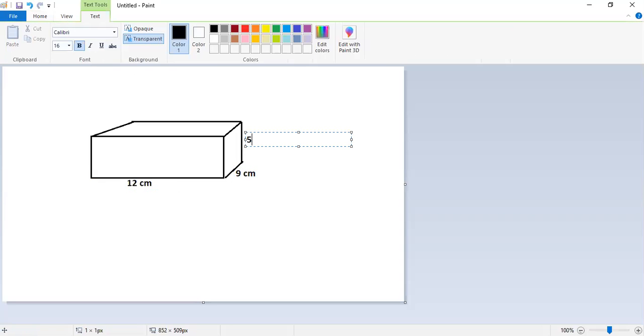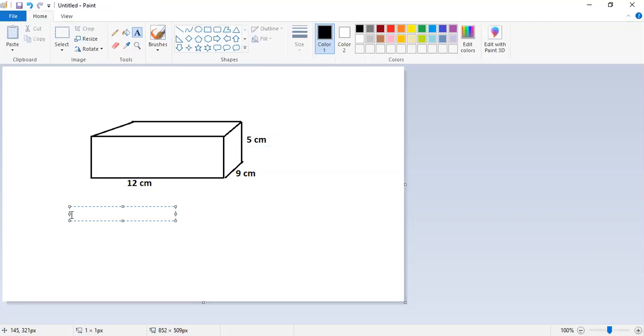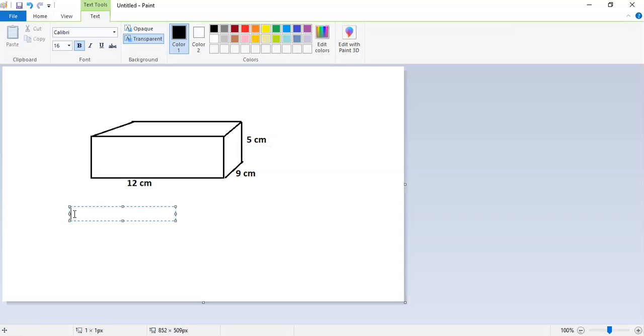So this is going to be 5 centimeters. When you're drawing, make this a little bit longer, because this should be shorter than this. Okay, fine. So you are going to describe this. Now first describe the rectangular prism. So how many rectangles are there in a rectangular prism? There are 6 rectangles.